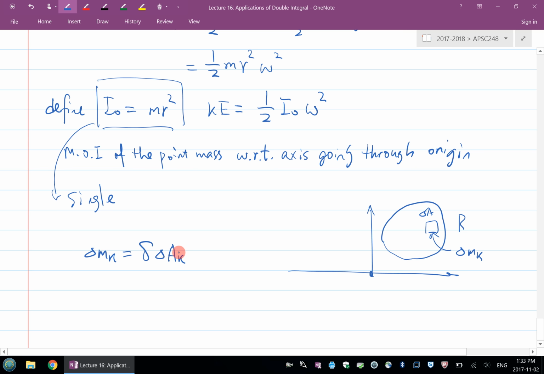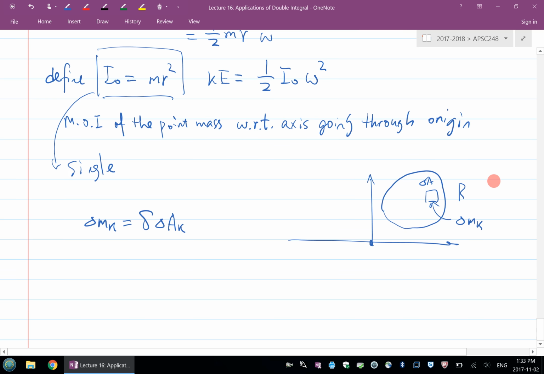The small area is very small, so I can think of it as a point mass. Then the moment of inertia of this small mass with respect to the origin, I can write as i k equals delta m k times r k squared. That's the moment of inertia for that one little patch with respect to the origin.